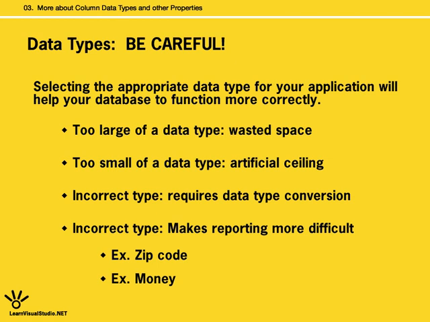And from personal experience, this can often be a very, very painful process. So selecting the right type reduces the amount of data conversion that we need to do in and out of our data store. And then it also makes, as I've just kind of alluded to, reporting more difficult, especially in regards to some of the functions that we can perform on the data.